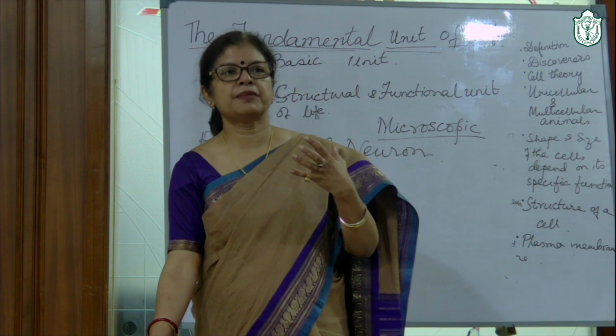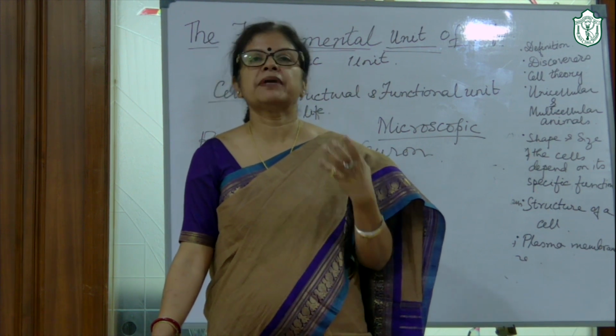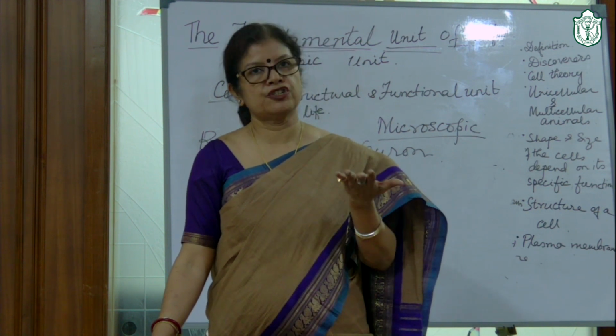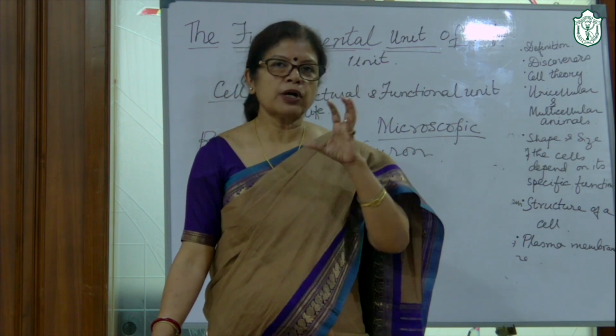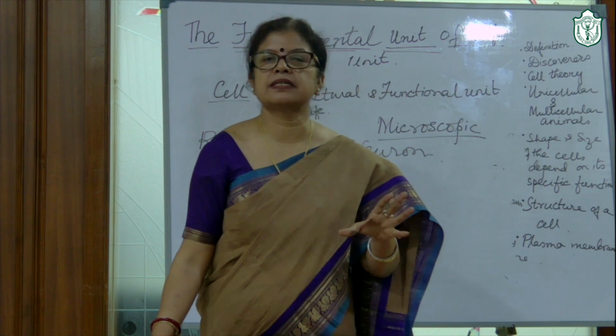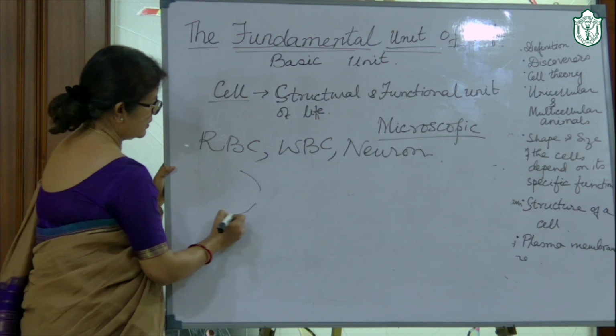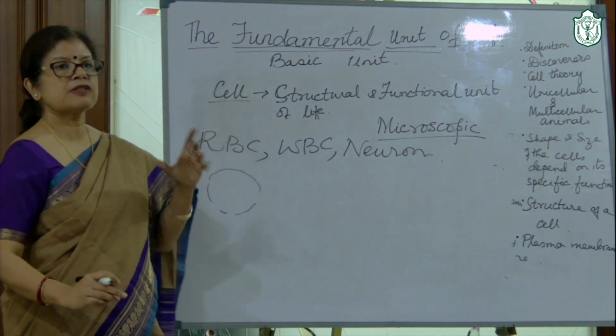So this RBC is very important for us because it carries oxygen and gives it to the cell for getting energy. Now, what is the shape of this RBC? RBC is biconcave in shape, and you all have an idea.